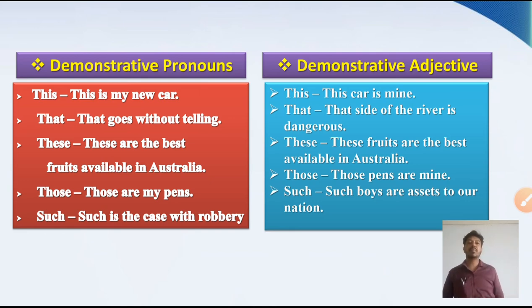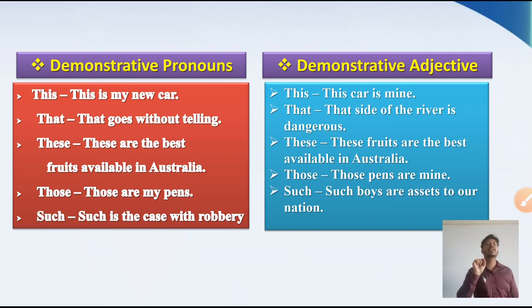Now the red colored box: "That goes without telling." After "that" there is a verb, so it is a demonstrative pronoun. "These are the best fruits available in Australia." Here "these" is also a demonstrative pronoun. "Those are my pens."